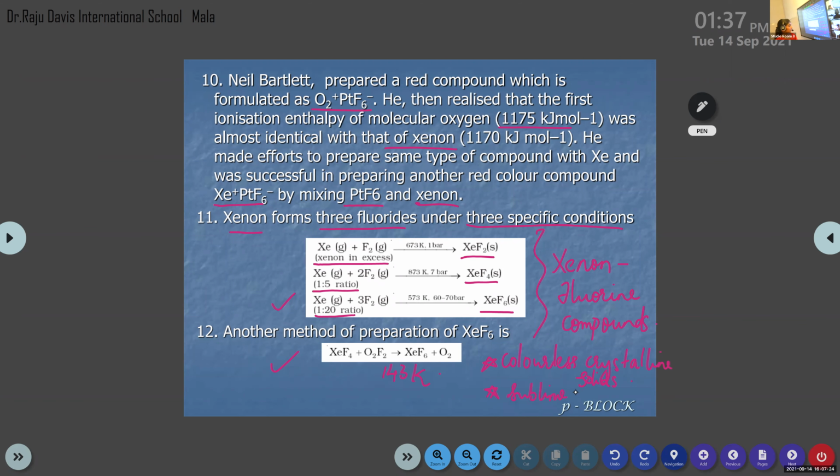And they are powerful fluorinating agents. They can supply fluorine to other elements or compounds. They are also readily hydrolyzed even by traces of water.